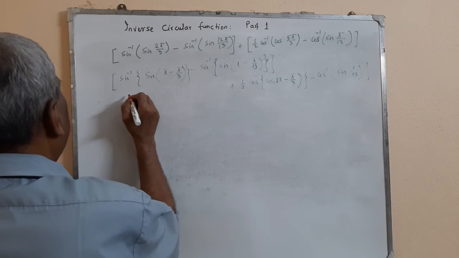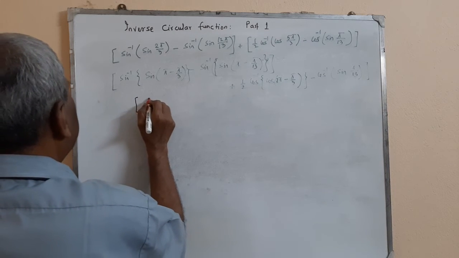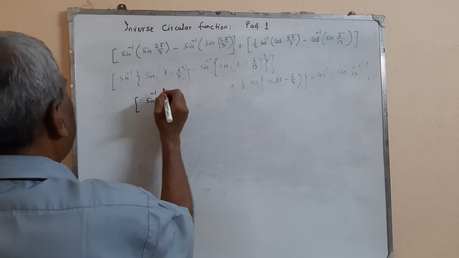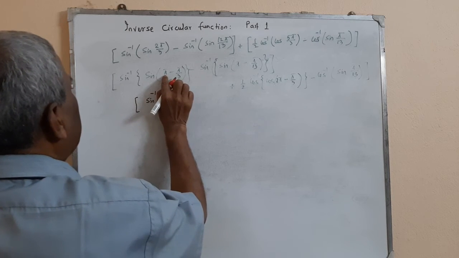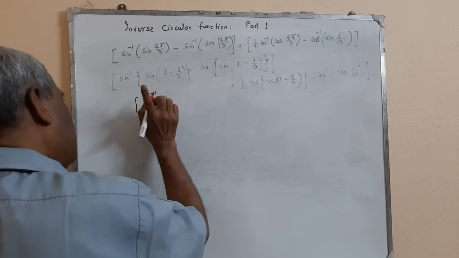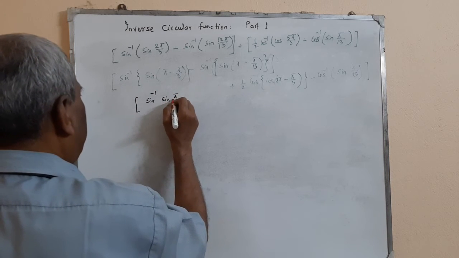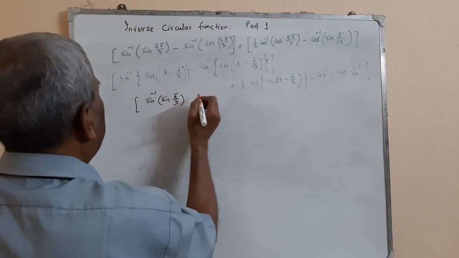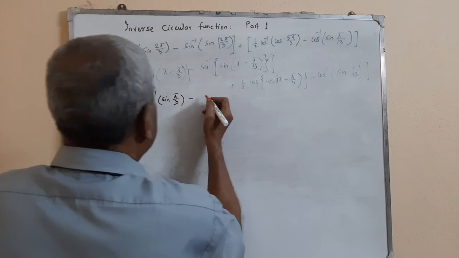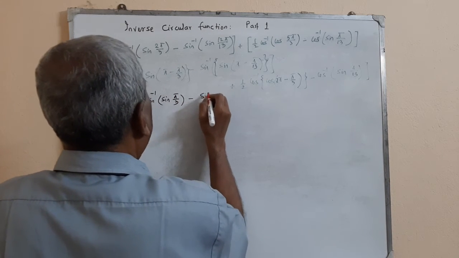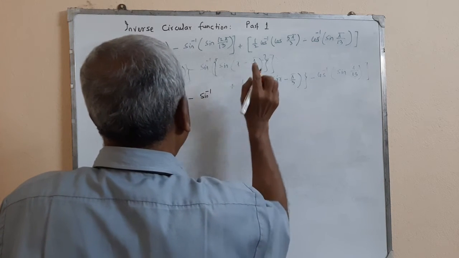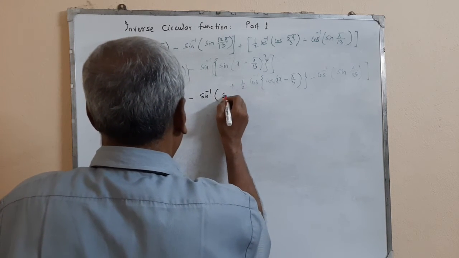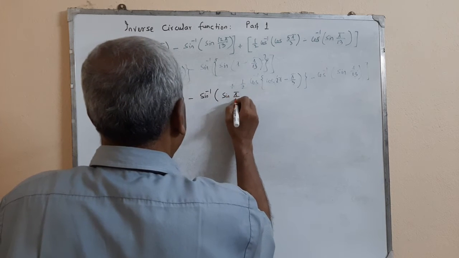It is equal to sine inverse sine of pi minus pi by 3, which is sine pi by 3, minus sine inverse, this is once again sine of pi minus pi by 13.